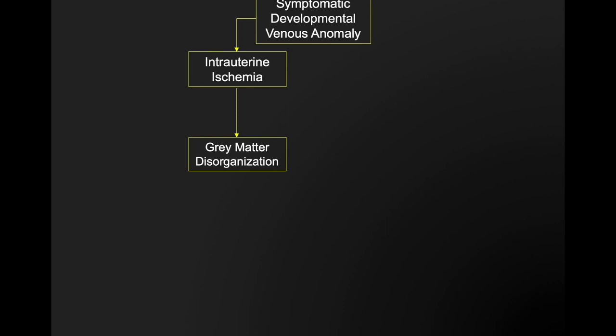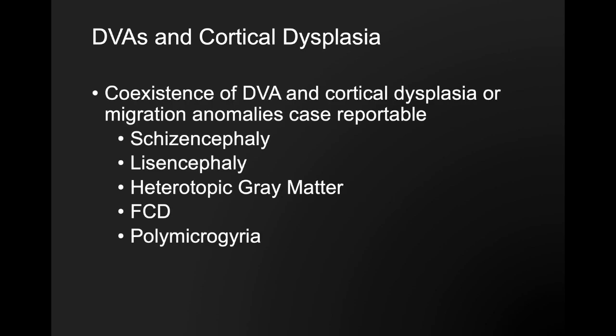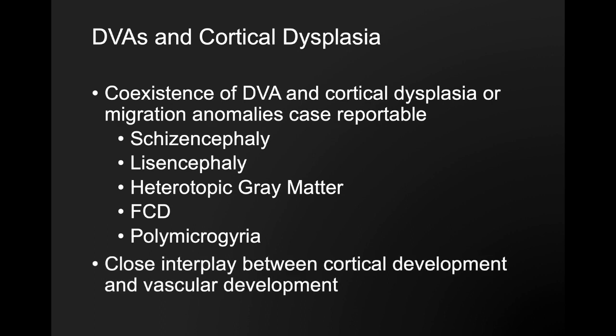There have been some reports of purported intrauterine ischemia causing gray matter disorganization secondary to a DVA. So there have been a number of reports showing DVAs coexisting with multiple types of cortical dysplasia or migration abnormalities, including schizencephaly, lissencephaly, heterotopic gray matter, focal cortical dysplasia, and polymicrogyria.